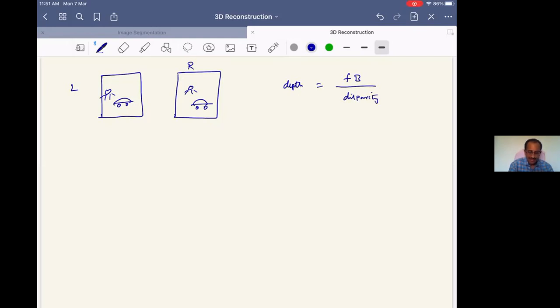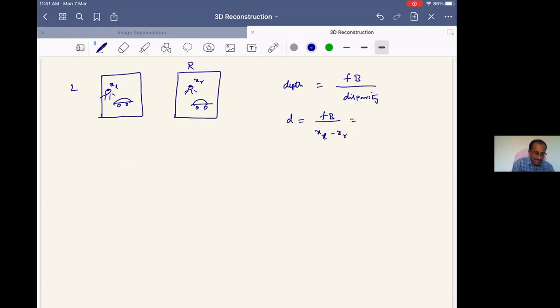So given these images, what should we do to get the depth information? What we need to see, for each scene point, is the disparity. That's what we want to find. For each scene point, we need to find the corresponding point: for each XL, what is the XR?